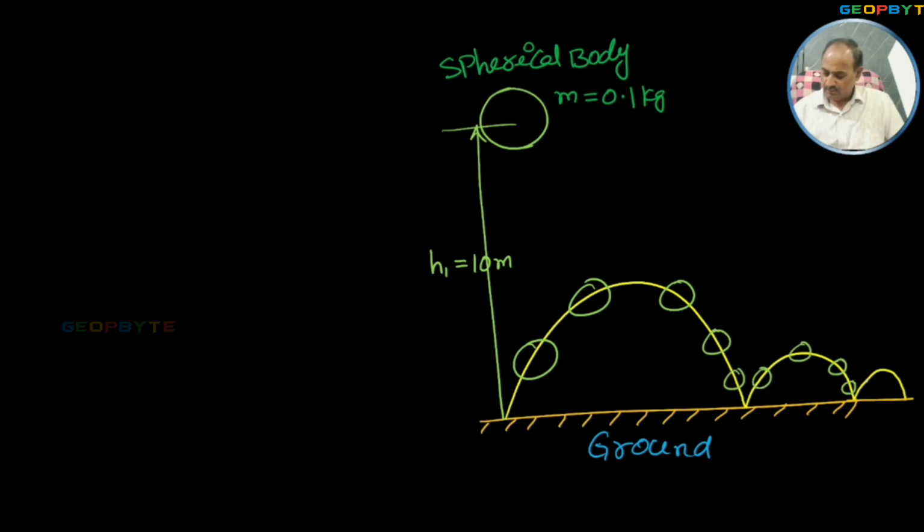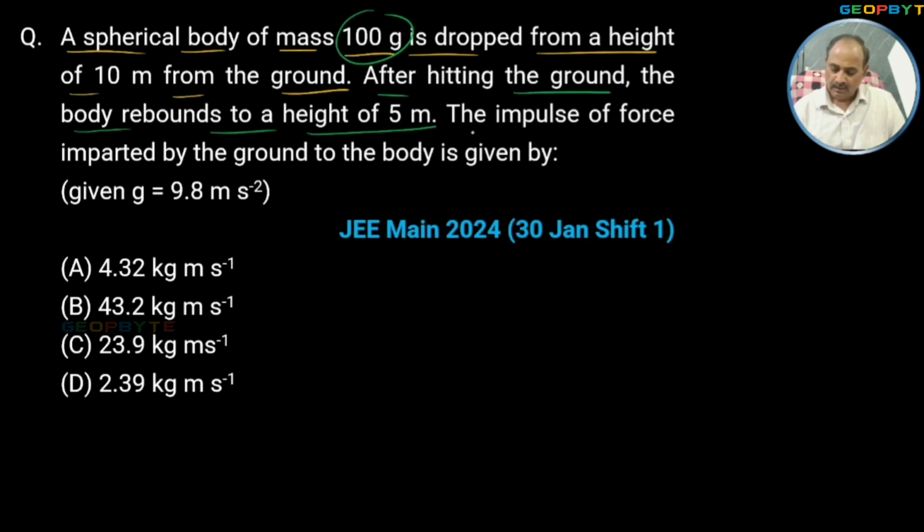After hitting the ground, it rebounds to a height of h2 equal to 5 meters. Then we are asked for the impulse of force imparted by the ground to the body, for g equal to 9.8 meter per second square. As you know, listen carefully.